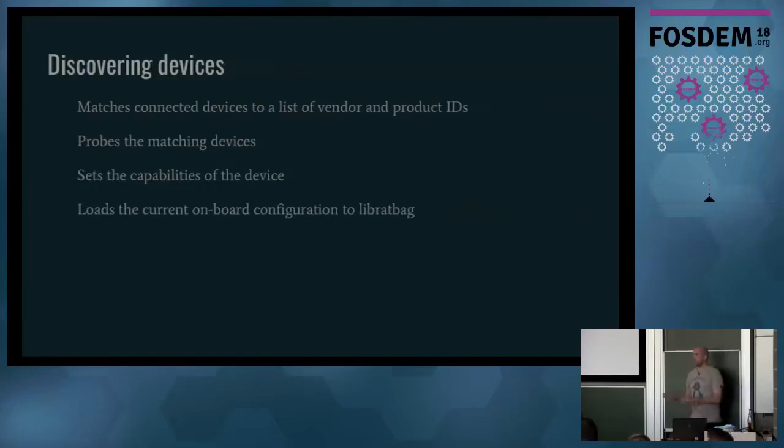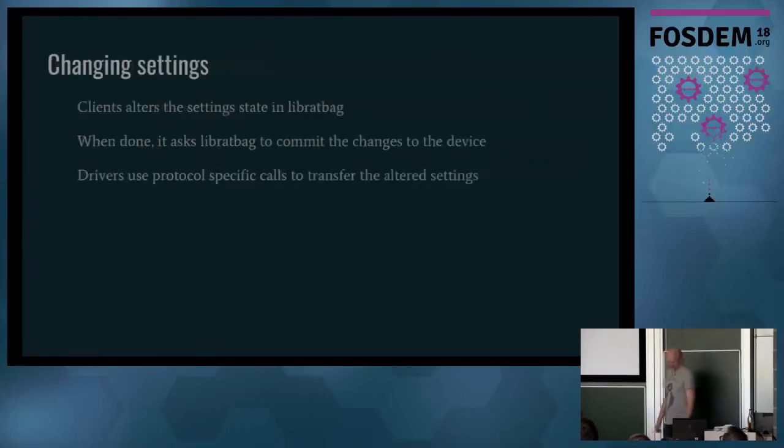Then it will internally say which capabilities this mouse has. Does it have LEDs? Can I switch profiles? Can I map buttons? Things like that. And then it loads the full onboard configuration that's stored on the mouse, if possible.